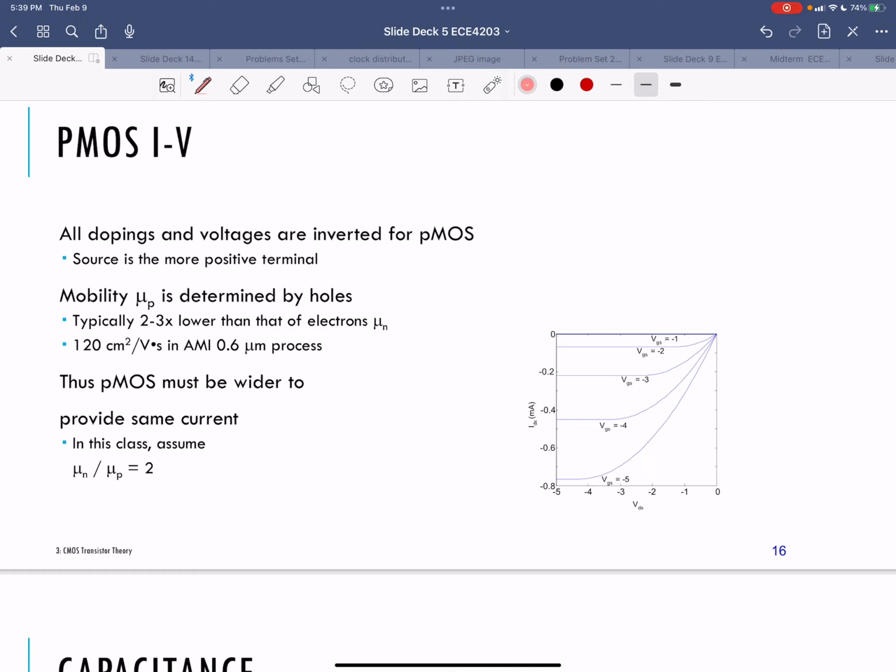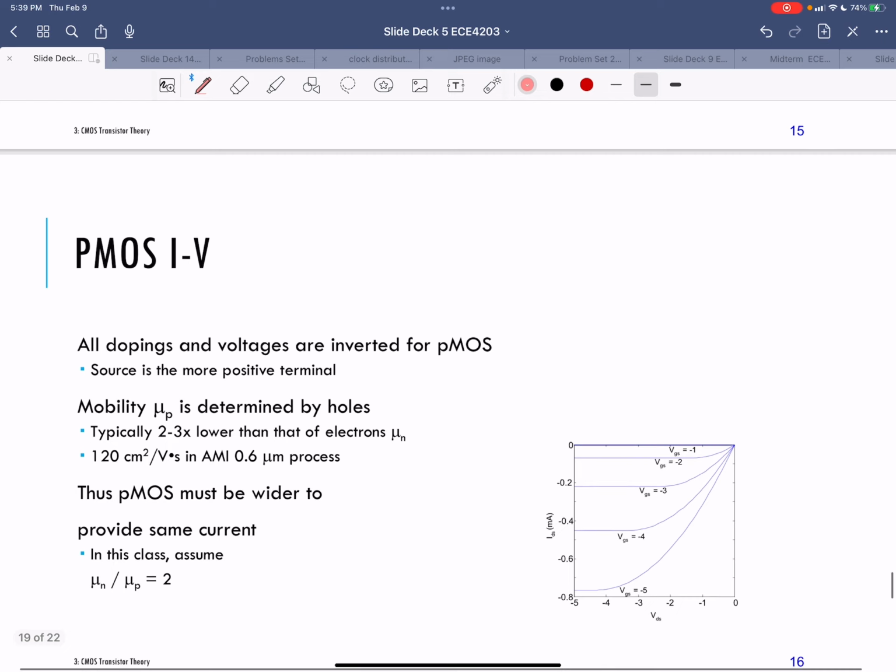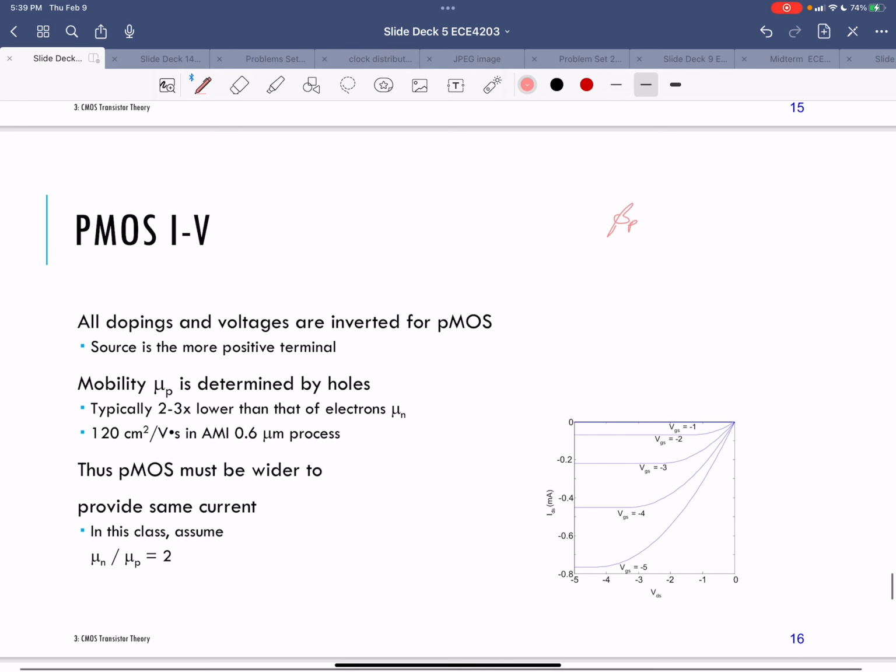The other thing that's very important is that everything is kind of the same, except if I call this beta N for NMOSFETs, you're going to have something similar called beta P. So IDS for a PMOS is going to be proportional to beta P, with the voltages thrown in.